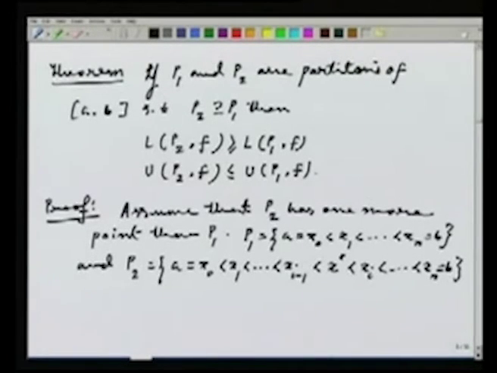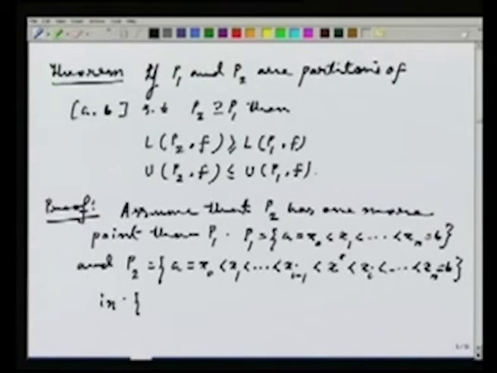So what P2 actually looks like is that if you look at the points xi minus 1 and xi which appear in P1, then there is an additional extra point x star between those two, which is there in P2 but not in P1. So P2 has exactly one more point than P1, and that point is x star.